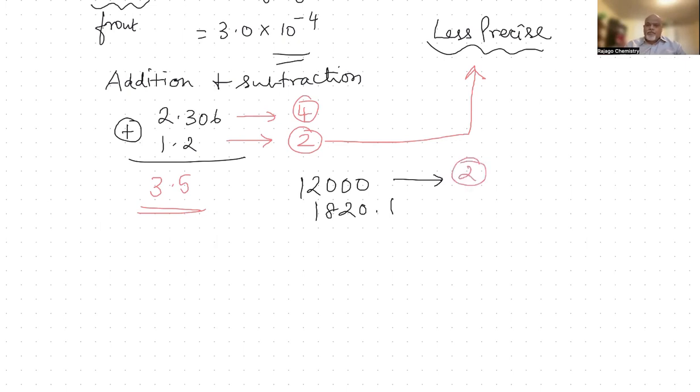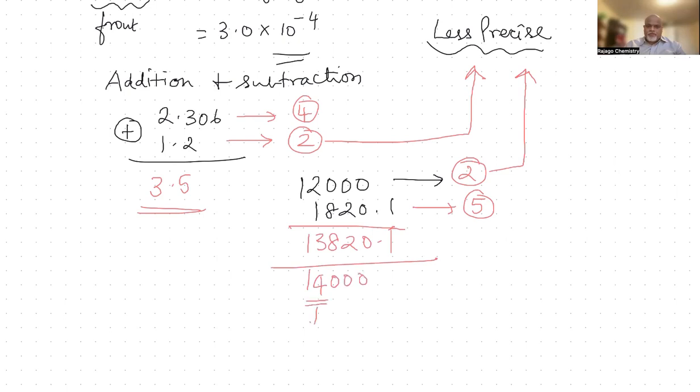The other one has 5 significant values. So I have to take the less precise. Now I'm going to add this number, but I'm going to round it as 14,000 because I will get 2 significant values.